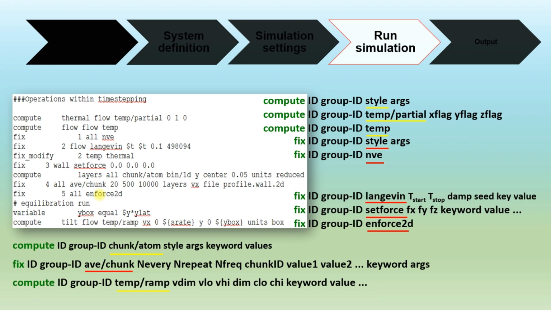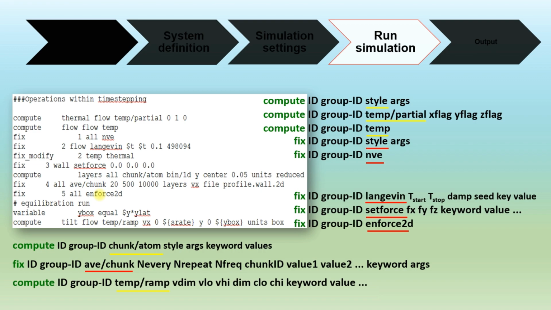And chunk id is equal to the id of the compute chunk per atom command, which is named here as layers, which is compute layer after the fix 3.